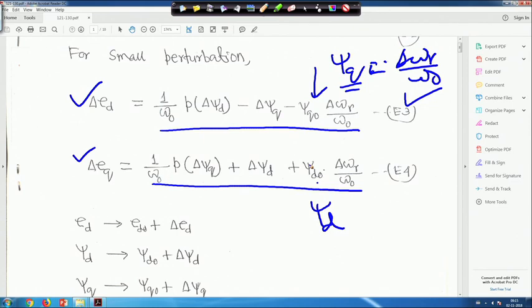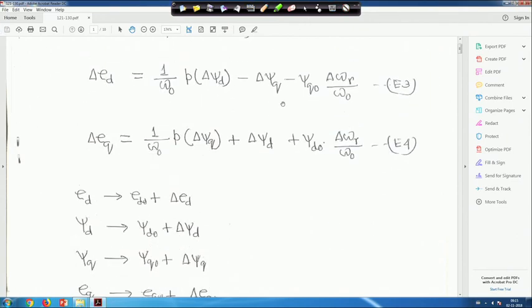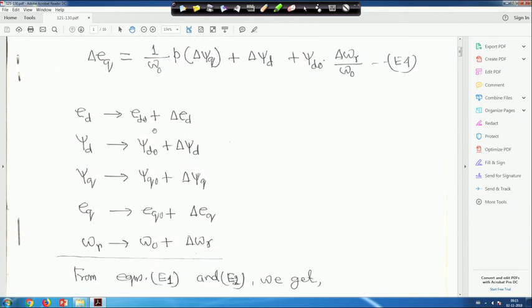Assume that initially it was E d 0, psi d 0, psi q 0, E q 0 and omega 0. Now it has been perturbed. E d will become E d 0 plus delta E d, psi d will become psi d 0 plus delta psi d. Similarly, psi q will become psi q 0 plus delta psi q, E q 0 plus delta E q, and omega r becomes omega 0 plus delta omega r.